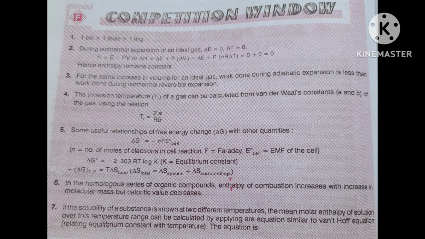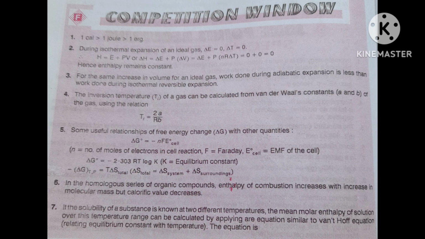Actually it is ln, but ln is converted into log, that's why it is multiplied by 2.303. So standard delta G is equal to minus 2.303 RT log K, where K is the equilibrium constant. This relation is also very important while solving numericals.